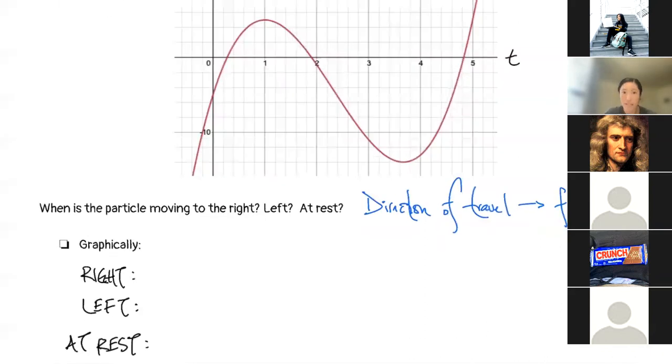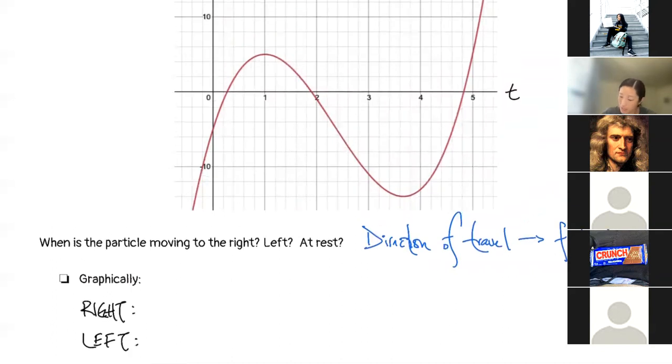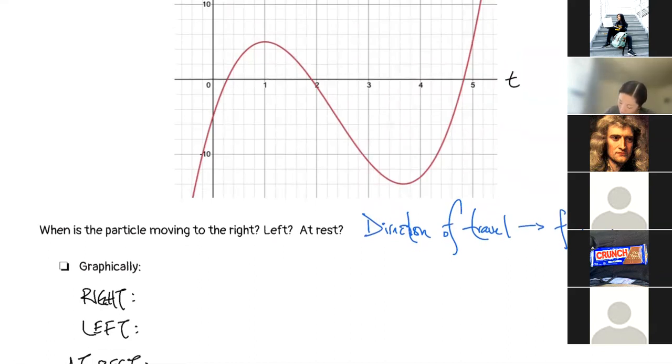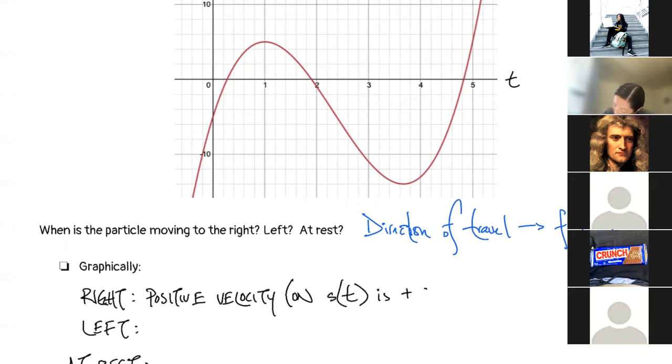Now, if we kind of look at this graph a little bit closer, let's take a look at some regions where there's a positive slope, okay? So moving to the right will be a positive velocity, which on this graph, on s of t is positive slope, okay?